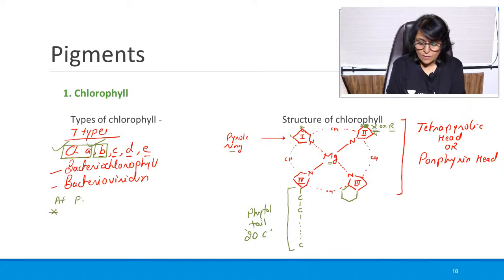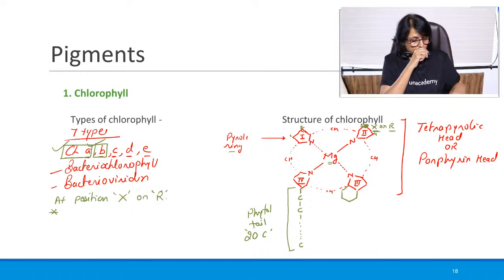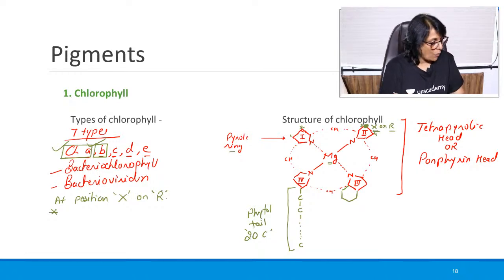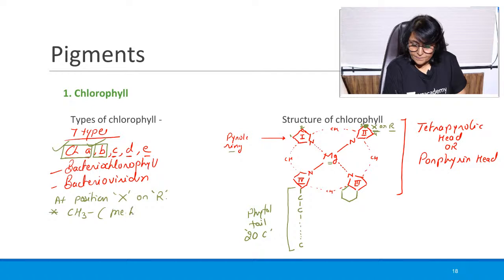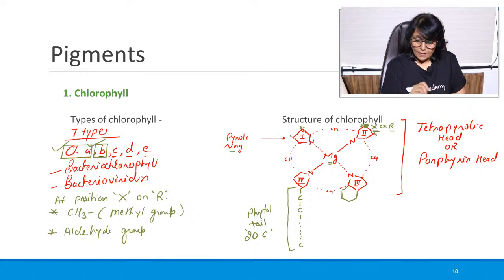At position X or R, in that case we are going to get chlorophyll A or B. If it has a methyl group, this is one possibility, or there can be an aldehyde group.